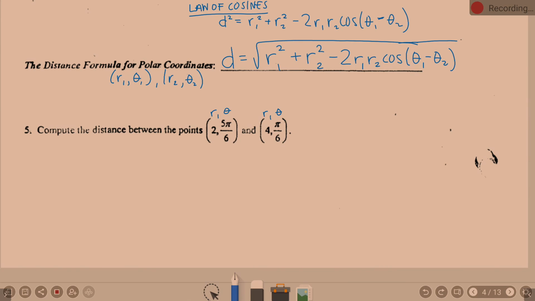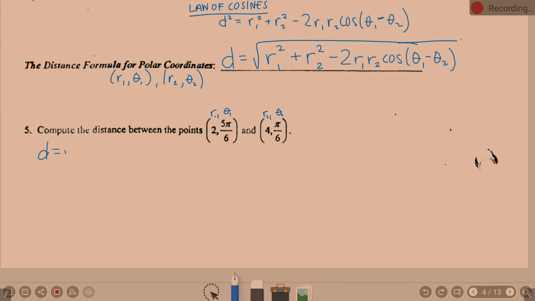Okay, shall we try and apply it? We have our 2 ordered pairs here. I called them r and theta already, but they are going to be r1 theta 1 and r2 theta 2, yes? Well, let's fill in our formula. Let's not waste any time here.